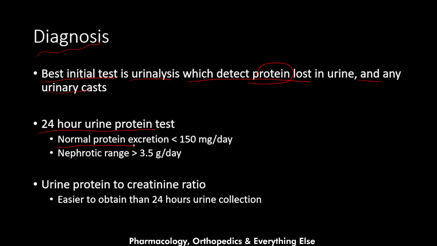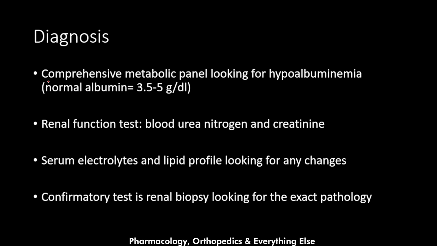And the normal protein excretion, as we mentioned, is less than 150, and the nephrotic range is more than 3.5 grams. You might send the patient for urine protein to creatinine ratio, which is easier to obtain than the 24-hour urine collection. You send the patient for comprehensive metabolic panel looking for hypoalbuminemia.